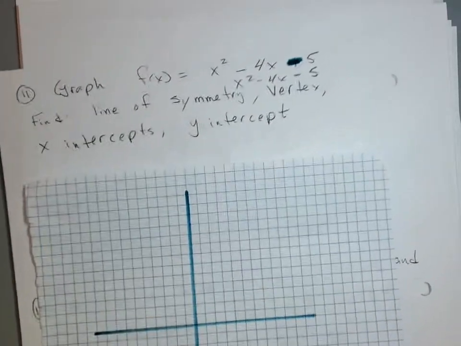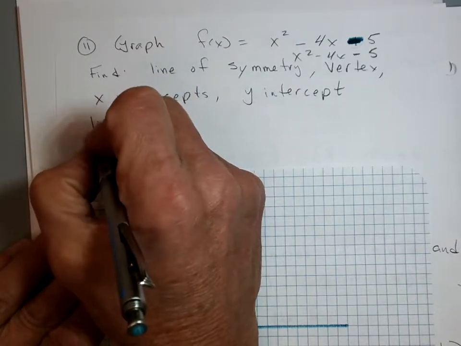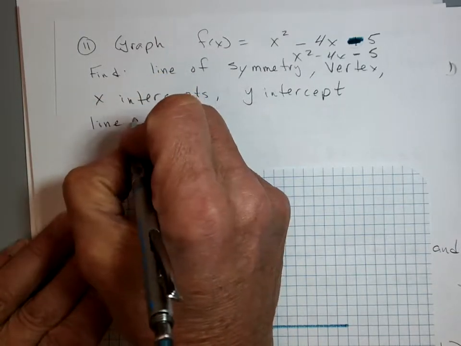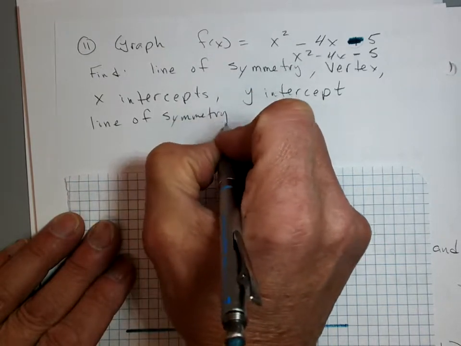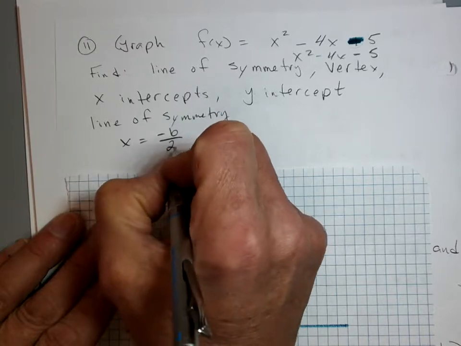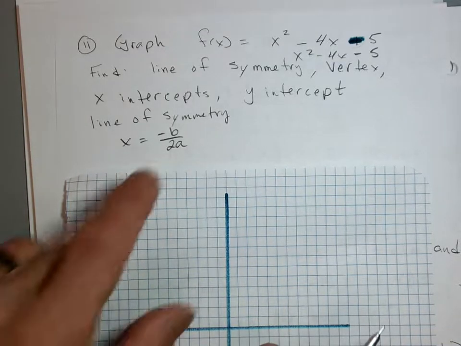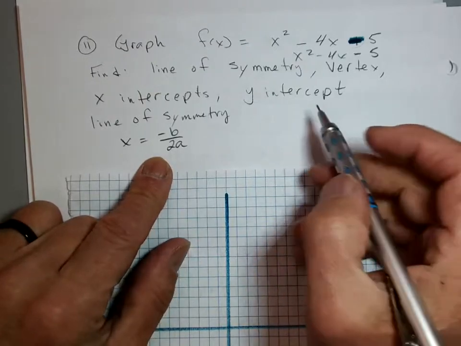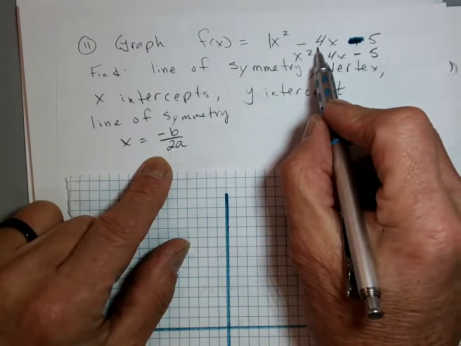Line of symmetry. Well, the first thing I'm going to do is this. I know my line of symmetry is x equals negative b over 2a. Now, we haven't seen this for a long time, but hopefully it's going to come back to you, okay? So a is 1, b is negative 4, and c is negative 5.